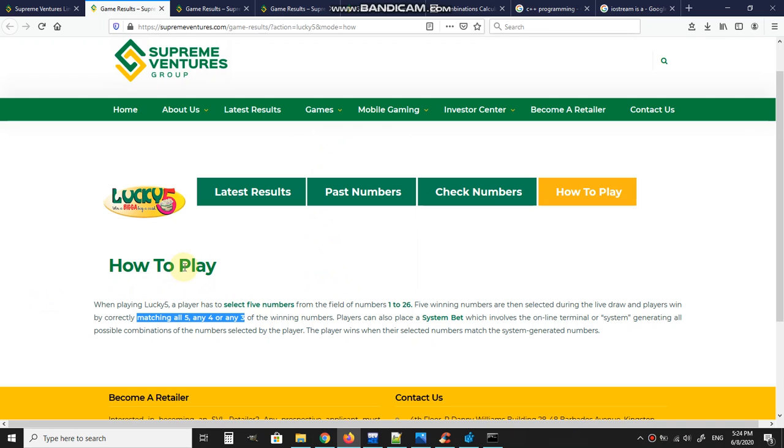But for the Lucky Five game specifically, it's about selecting five numbers from between 1 to 26. Your chances of winning is if you get five numbers correct, or 4 out of 5, or 3 out of 5.